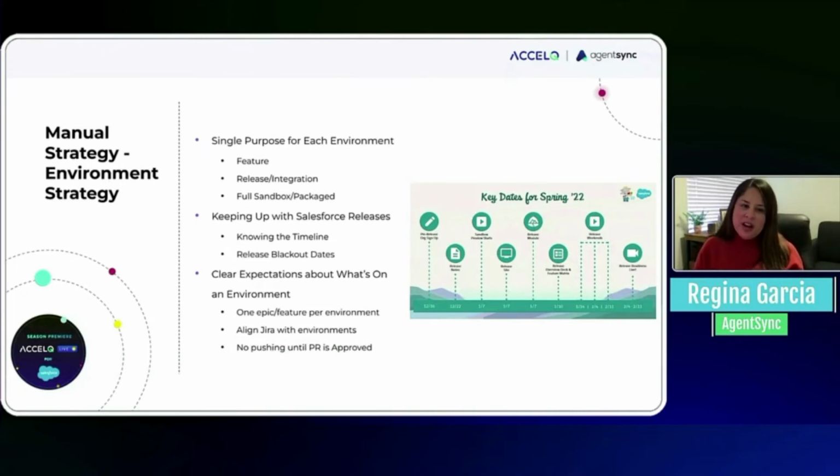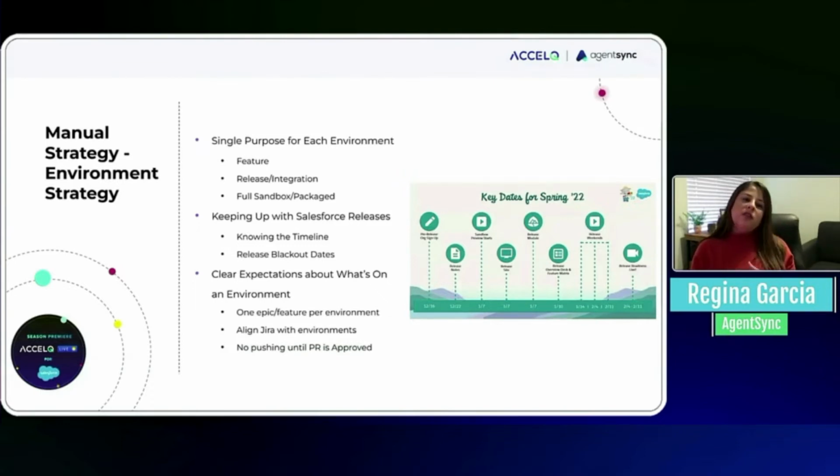With the feature environment, we are looking at being able to spin it up based on a feature or epic. So if I have 5 epics within my release, I would spin up 5 different environments to be able to focus on just the epic and the stories of that feature. I'm not testing anything else but that particular feature.